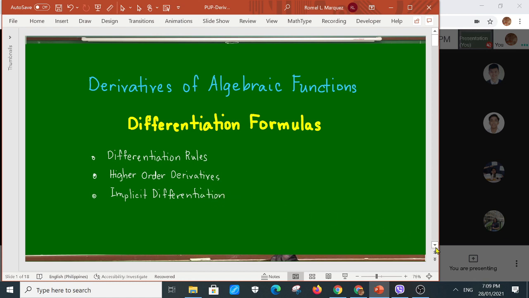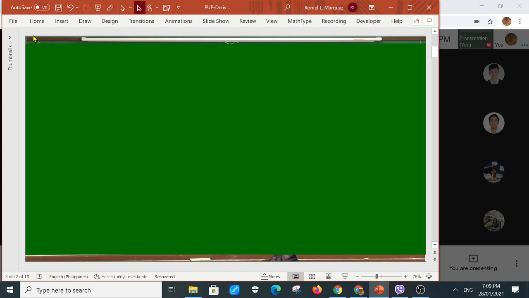Okay. So let's have letter A, find the indicated derivative.